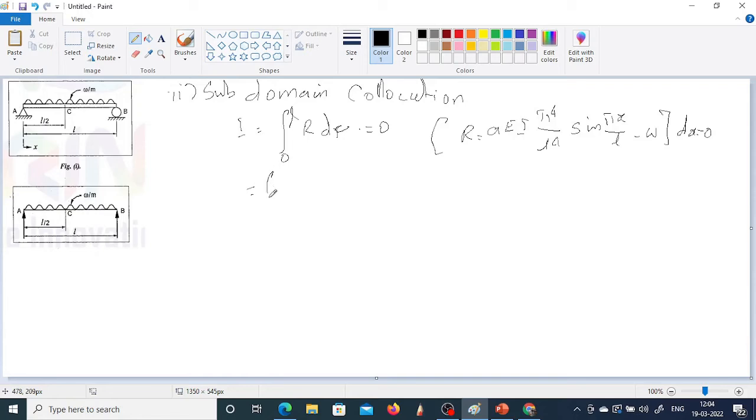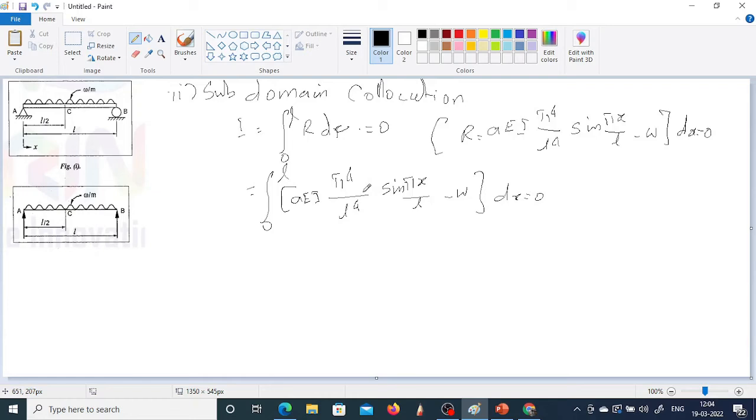From this we can get the integral from 0 to L of A EI pi power 4 divided by L power 4 into sine pi x by L minus W dx is equal to 0.